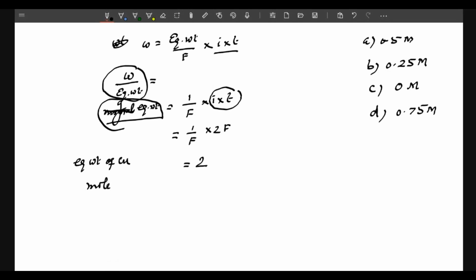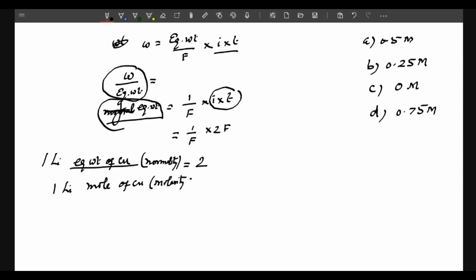Convert it into moles of copper. Here we have taken 1 liter of solution, therefore we can take it as the normality, because so many gram equivalents in 1 liter is called the normality. If you take this 1 liter in terms of moles of copper, it is called molarity.